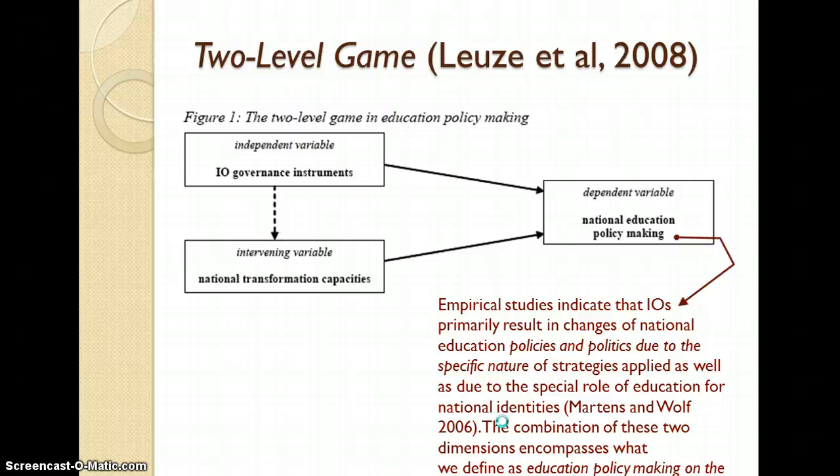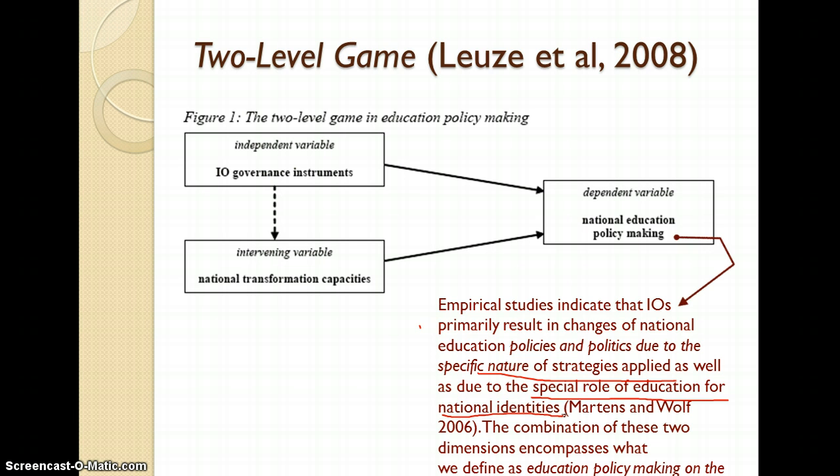And then finally, if we look at national education policymaking, Leuze et al. say that empirical studies indicate that international organizations primarily result in changes of national education policies and politics due to the specific nature of strategies applied, as well as due to the special role of education for national identities. So we've got nature of strategies applied, and then we've got the special role of education for national identities.